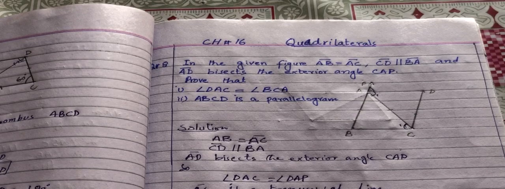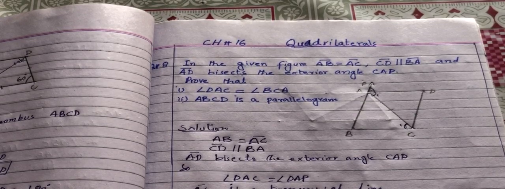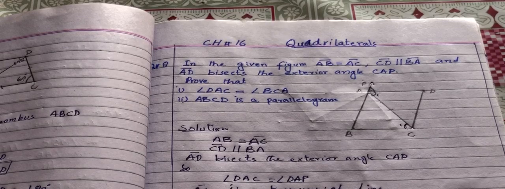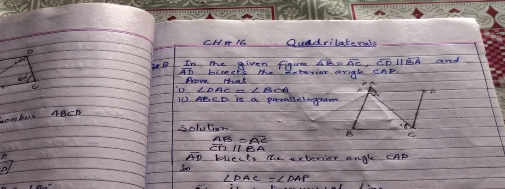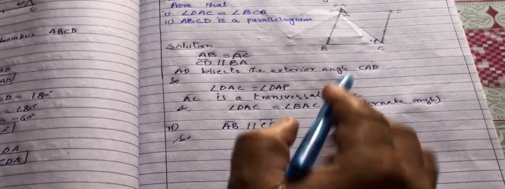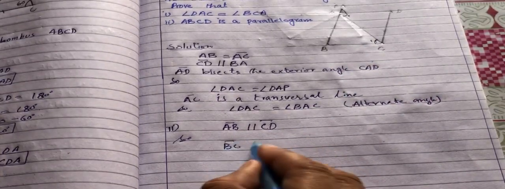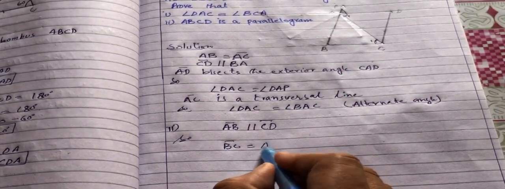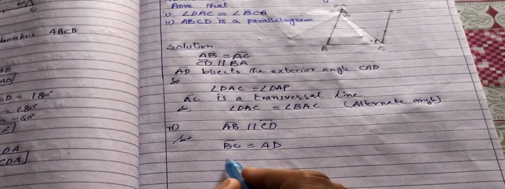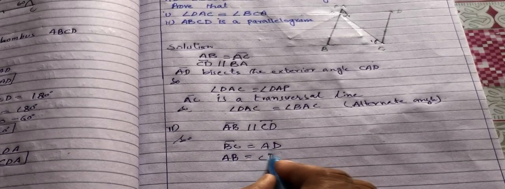As AB is parallel to CD, so their distance is equal to each other. AB is parallel to CD, so their distance in between them is equal to each other. So BC will be equal to AD and AB is equal to CD.